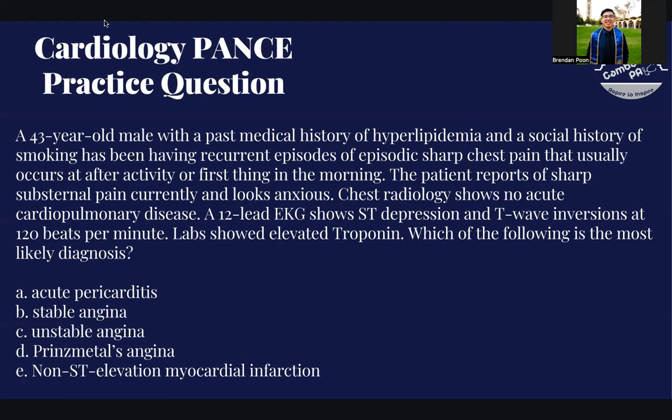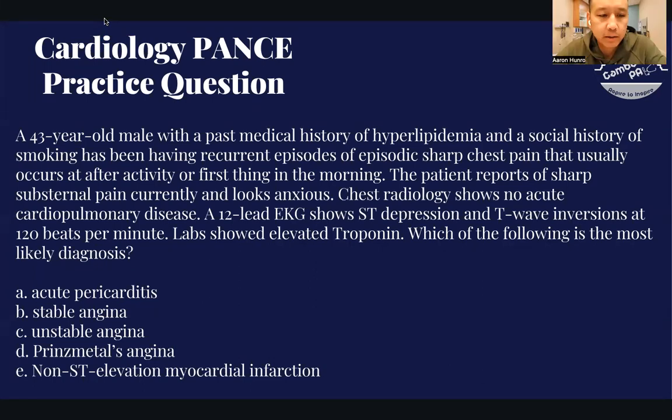The patient reports sharp substernal pain currently and looks anxious. Chest radiology shows no acute cardiopulmonary disease. A 12-lead EKG shows ST depression and T-wave inversions at 120 beats per minute. Labs showed elevated troponin. Which of the following is the most likely diagnosis?